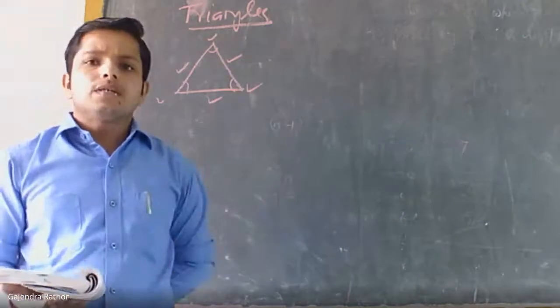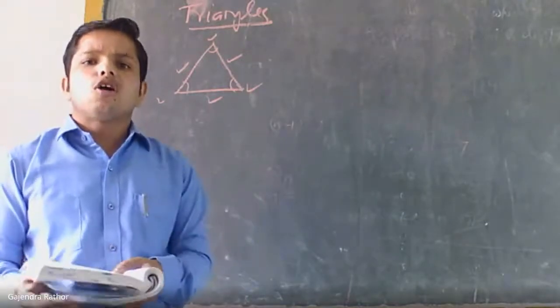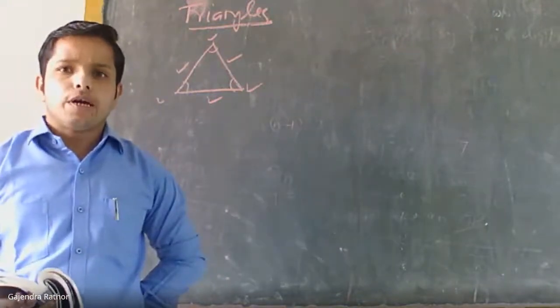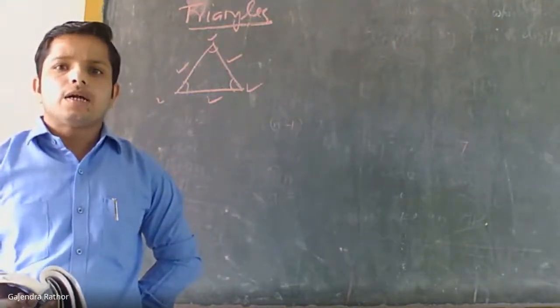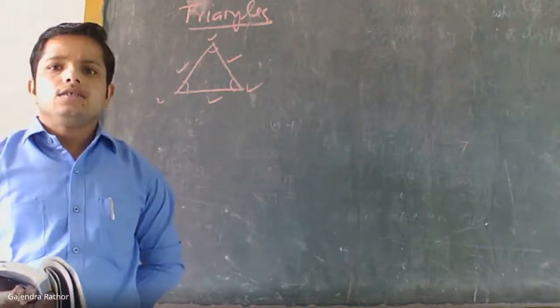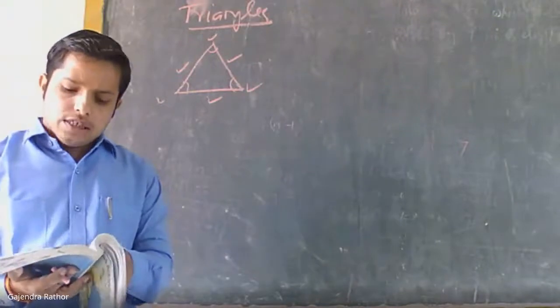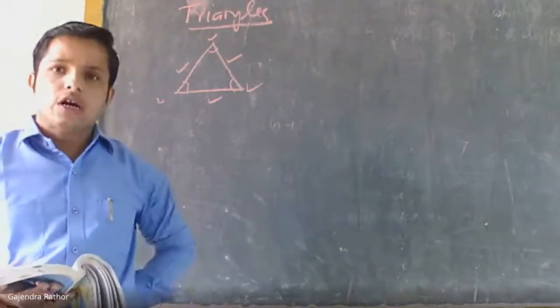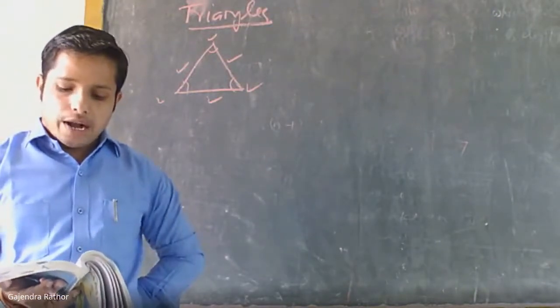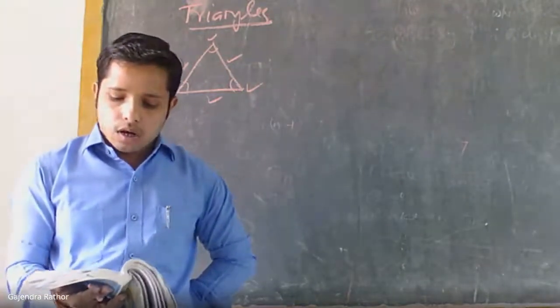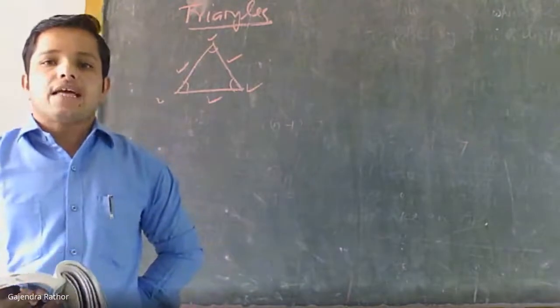In all our previous classes, we discussed a lot of properties of triangles, like the angle sum property, the exterior angle property, and some others. In chapter 6, we also studied some properties of triangles. In this chapter, we will study in detail the congruence of triangles.